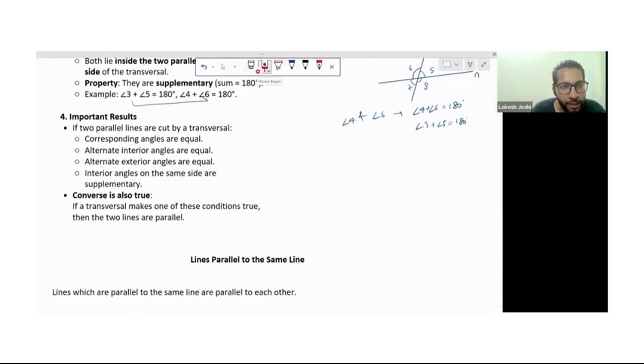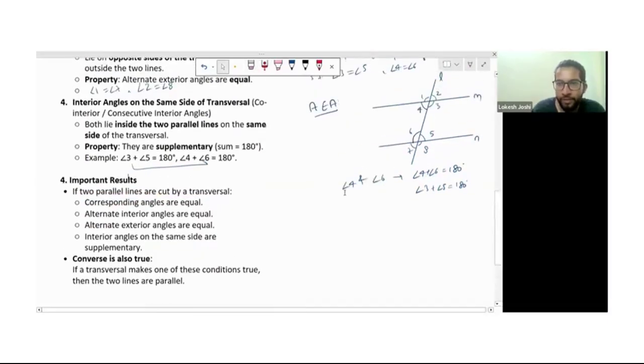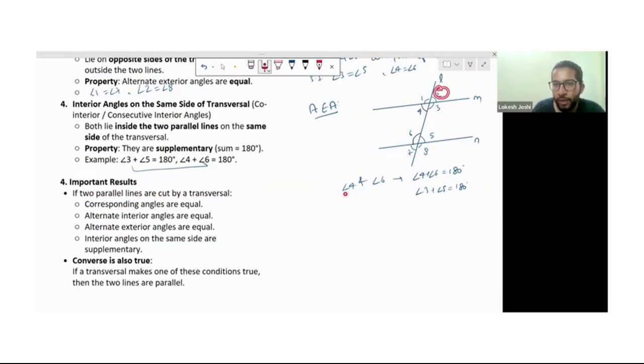Now some important results are given, which we have already done. So the first one is that if two parallel lines are cut by a transversal, then corresponding angles are equal, which means angle 2 is equal to angle 5. They are corresponding angles. This pair 1 and 6, 3 and 8, 4 and 7, they are equal. Alternate interior angles are also equal, which means angle 4 is equal to angle 5, angle 3 is equal to angle 6.